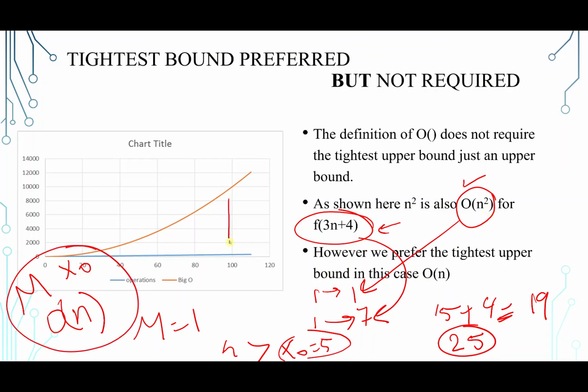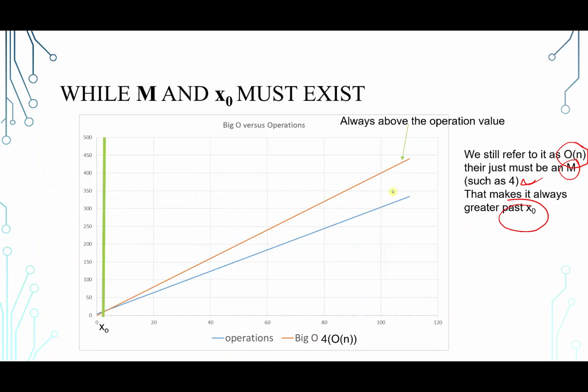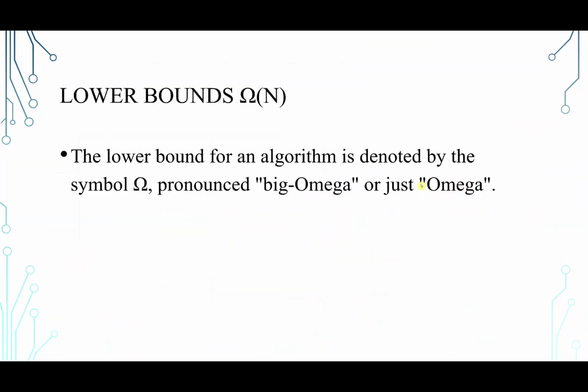As you can see, the gap in here is very big, very huge actually, compared to this gap as n approaches infinity, right? So this is all about big O of n.